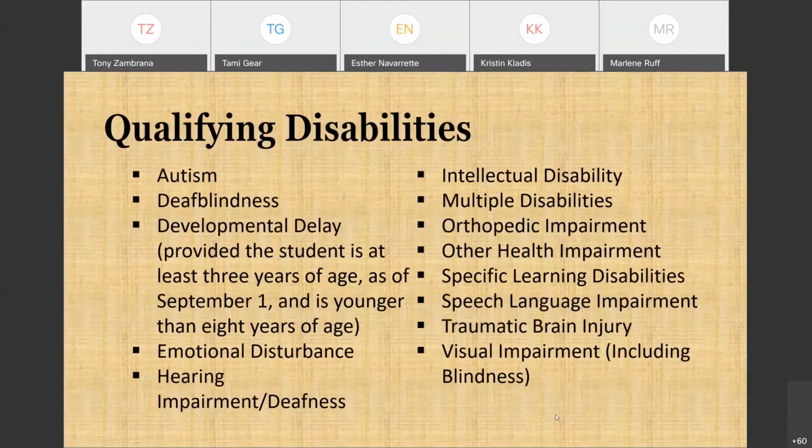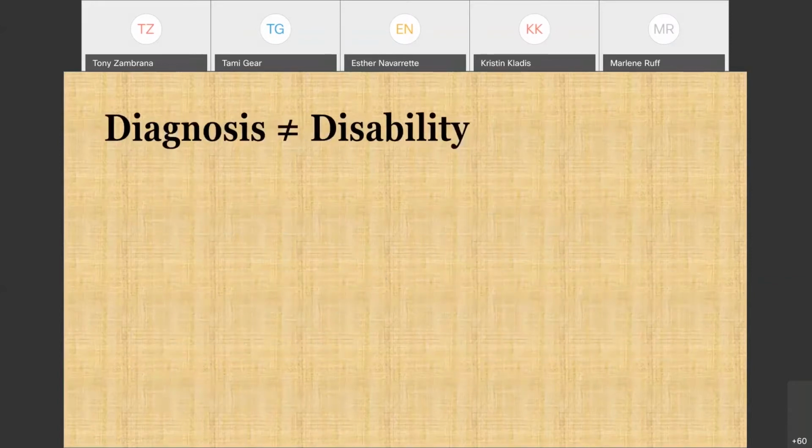But these are the different categories that are qualifying disabilities. And again, other health impairment, let's say they have ADHD, anxiety, depression, things like that. It may fall under there, could fall under emotional disturbance, but those are the categories that are qualifying disabilities. Please note that a diagnosis from a doctor is not the same as a classified educational qualifying disability.